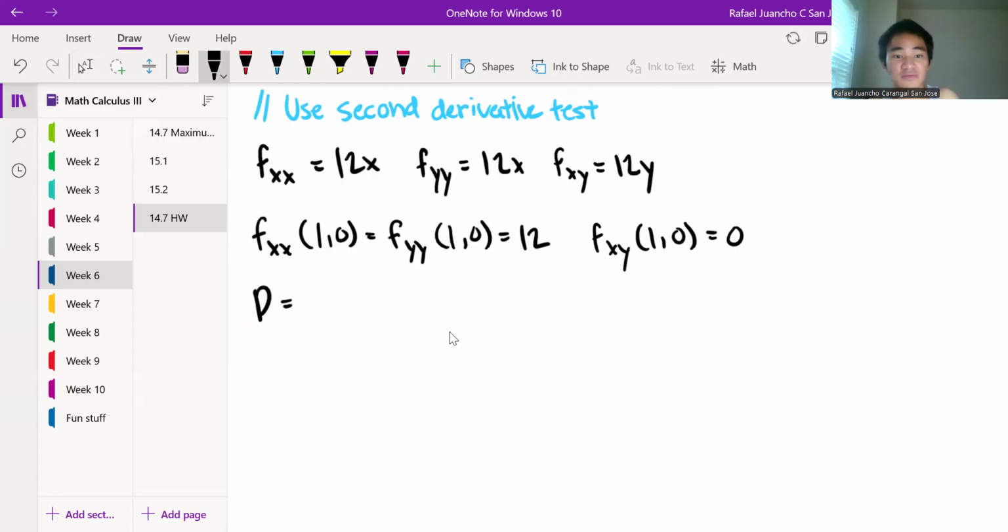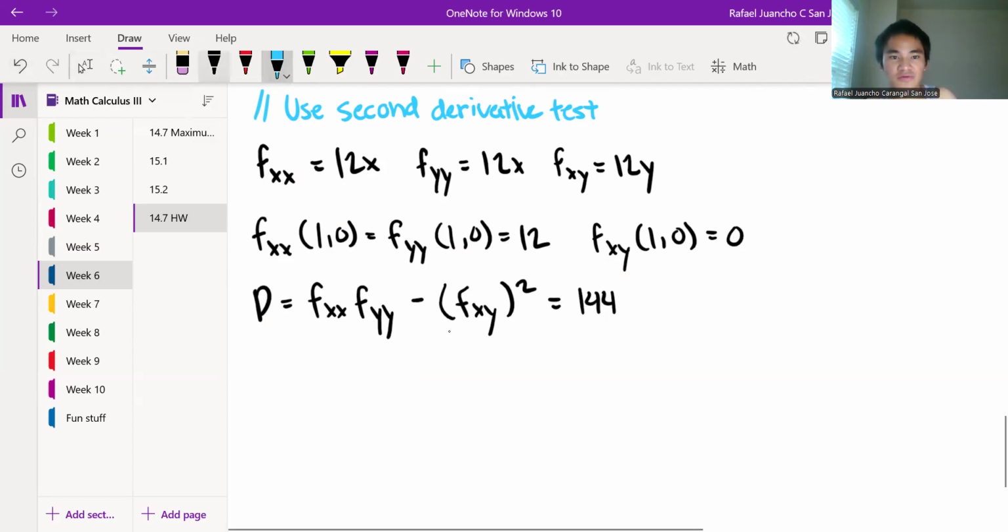Let me just do it for all. So I multiply these two minus this squared. So here I get 12 times 12, 144 minus 0. So I get 144, which is greater than 0.